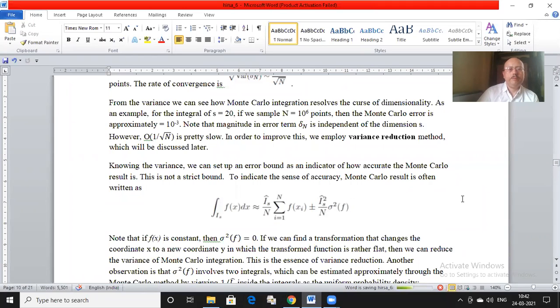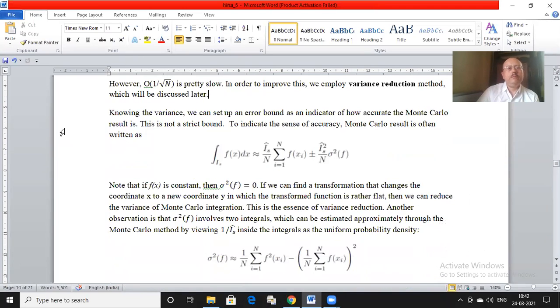Okay. So now, knowing the variance, we can also set up an error bound as an indicator of how accurate this Monte Carlo integration result is. It just gives a sense of accuracy. It is not a strict bound. Typically it is written like this: the integral of f(x) dx is approximately the arithmetic average plus or minus the bound here.